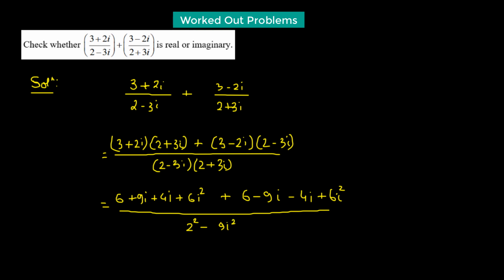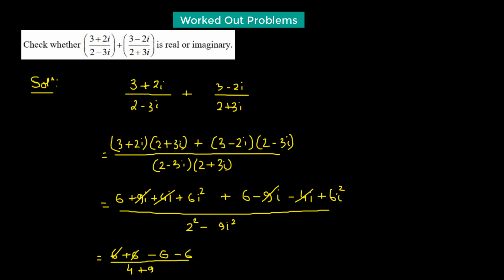I can see that the additive inverses, so 9i is going to cancel out negative 9i and plus 4i is going to cancel out negative 4i. So that leaves us with 6 plus 6 plus 6i squared, which is negative 6, and we have another 6i squared, which will be negative 6, divided by 4 plus 9, since i squared is negative 1.